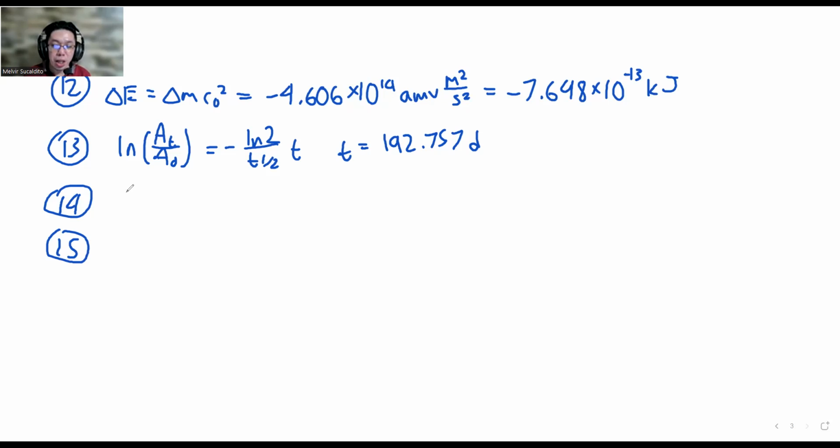For number 14, we're finding for the half-life, I guess. Binigay yung disintegration per unit of time.